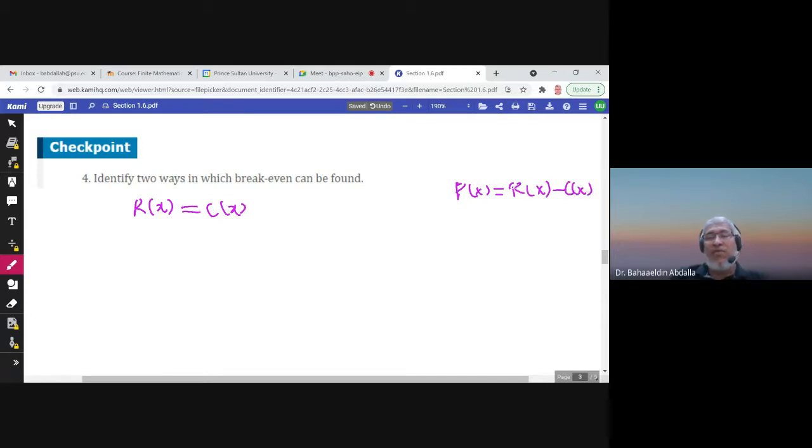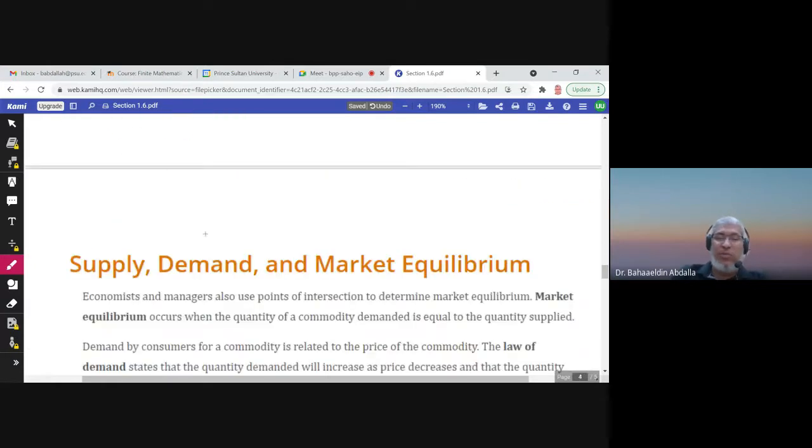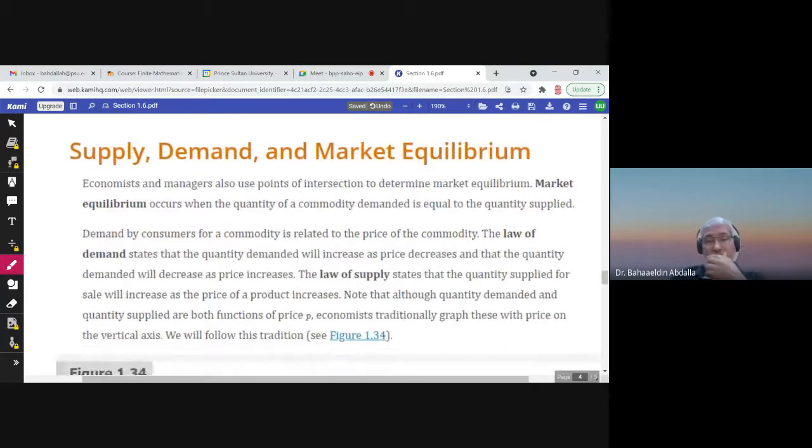So in fact, if the revenue equals the cost, then the profit would be zero. So these are the two ways. Either the revenue equals the cost, or you put the profit equal to zero. The next part in this section is talking about supply, demand, and market equilibrium.